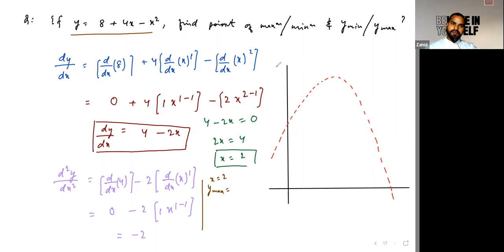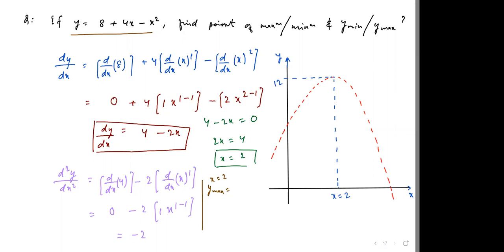If you draw a curve related to this function, you will get this as y and x. So just see, this is your vertex of this curve, which is the highest point corresponding to this value of x. So x will be 2 and y will be 12 at this given instant. Is it clear? Yes, sir.